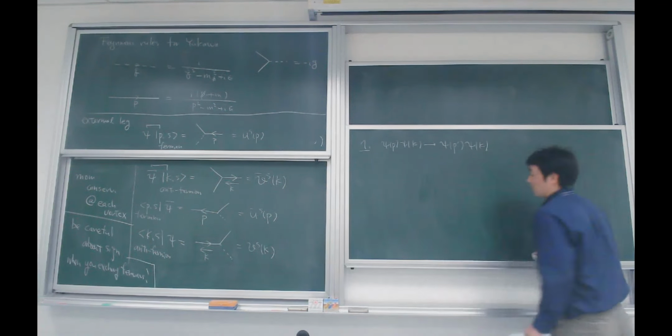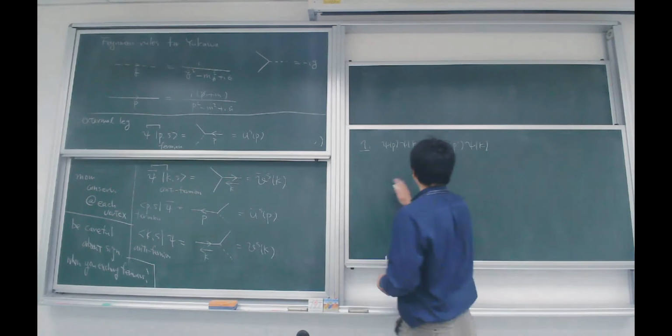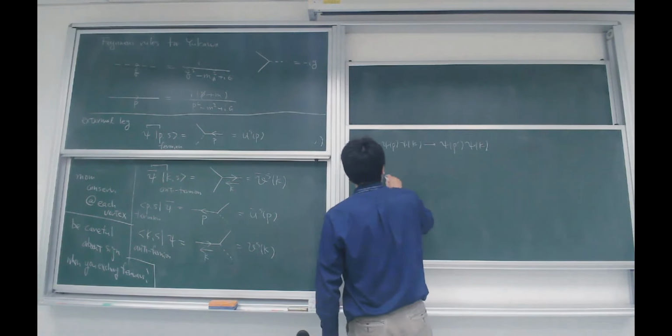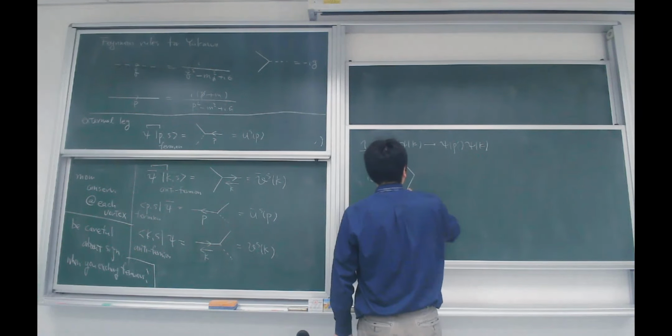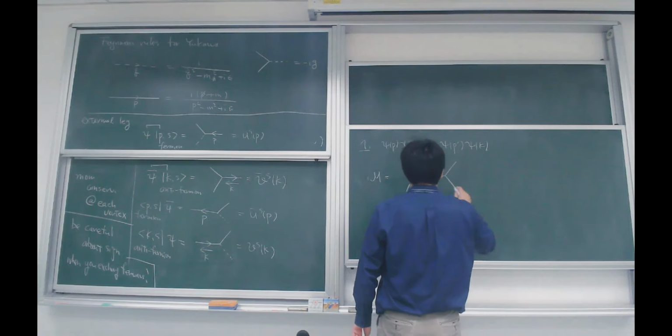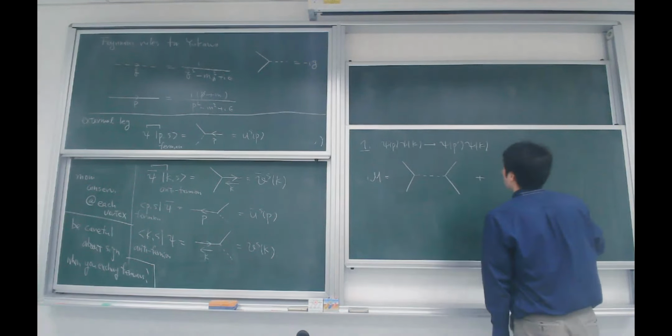Psi means nucleon. There are two diagrams that contribute, so this matrix element iM is given by this kind of diagram. It's a familiar diagram you always see when you open any quantum field theory physics book.